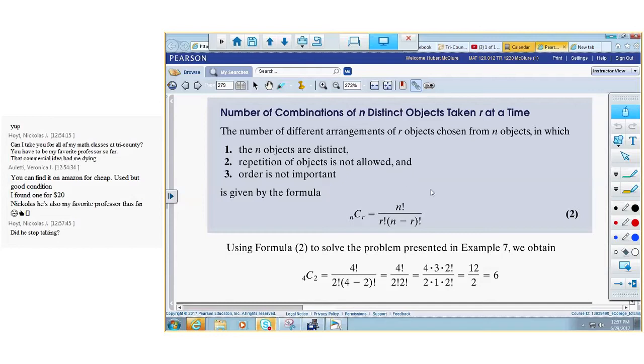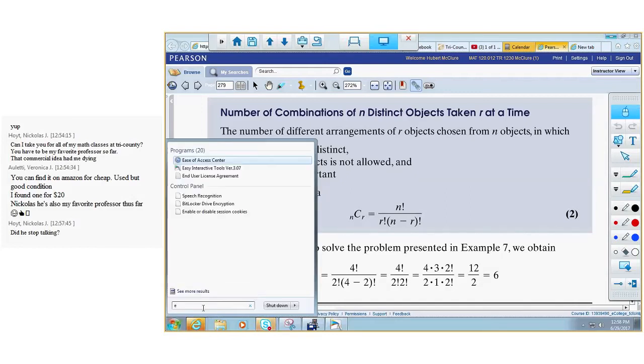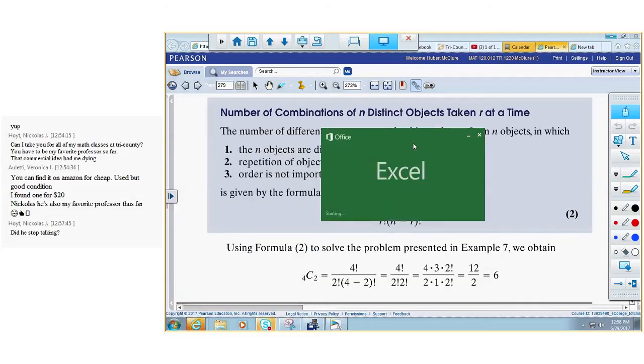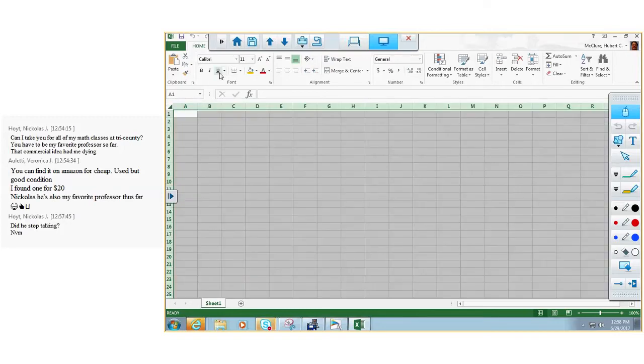Permutation. For you Excel people, if you don't want to have to use the calculator and you like dealing with Excel, you can do it in there. Let me blow it up a little bit so you can see.